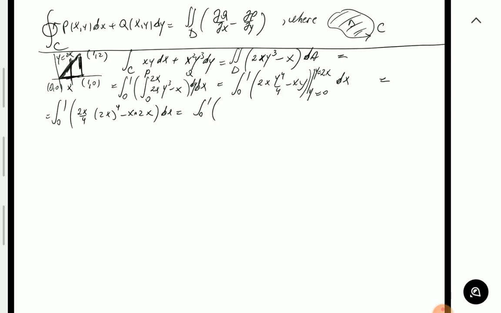We have 16 times 2, 32 over 4, that's 8. 8x to the fifth altogether minus 2x squared, dx. And then finally the last integral, 8x to the sixth over 6 minus 2x cubed over 3. Then finally that makes it 8 over 6 minus 2 over 3, which is 8 minus 2 times 2, 4 over 6, which is, as expected, 2 over 3.